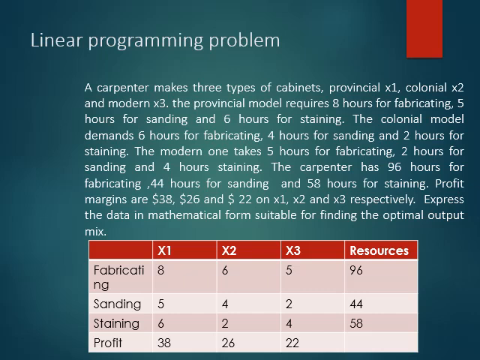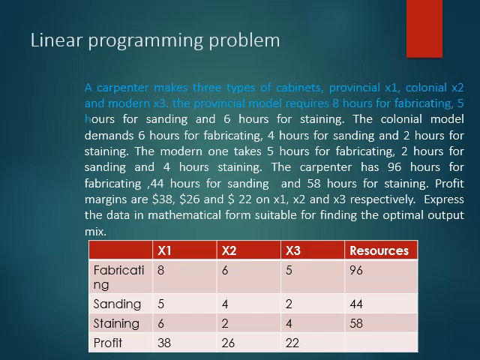Example 5. A carpenter makes 3 types of cabinets: provincial X1, colonial X2, and modern X3. The provincial model requires 8 hours for fabricating, 5 hours for sanding, and 6 hours for staining.